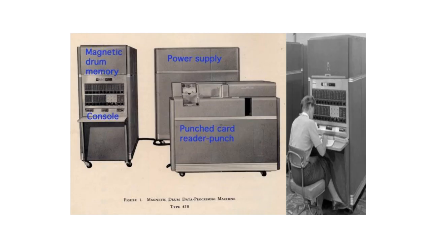Then you can see that it's big in size. A power supply is on one side, a magnetic drum memory console is in another box, and the computing system is in another.